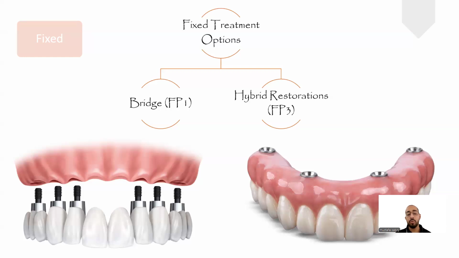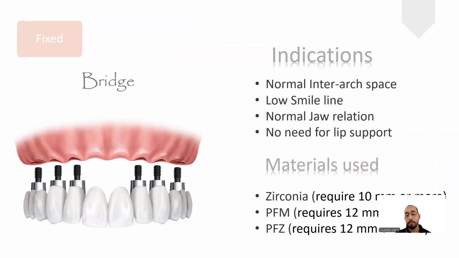It's not logical to make very long teeth, especially if we have a large interarch space and, at the same time, our patient has a high smile line. So if we have a patient with a moderate or low smile line, we can go more for FP1. As you can see, FP1: normal interarch space, low smile line, and no need for labial support.